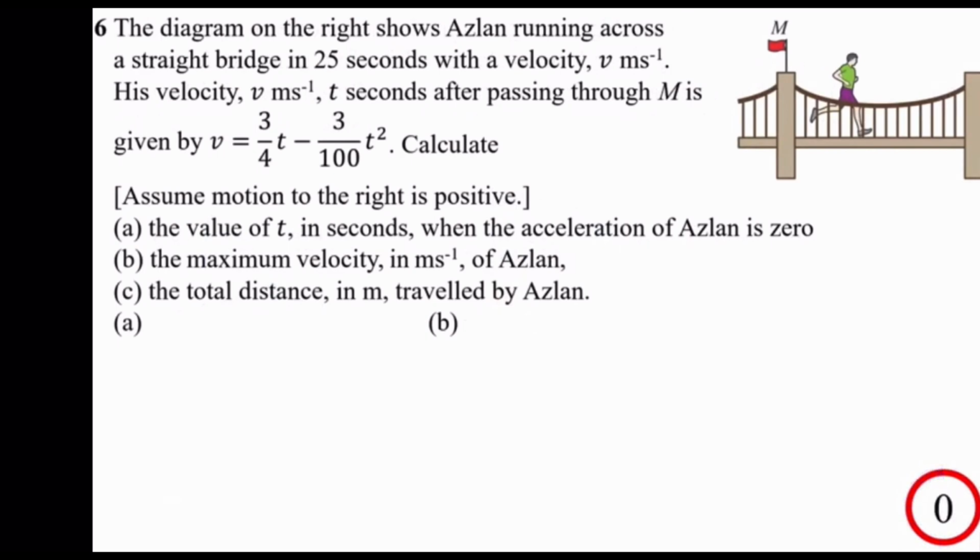Calculate the value of t in seconds when the acceleration of Azlan is 0, the maximum velocity in meter per second of Azlan, and the total distance traveled by Azlan.